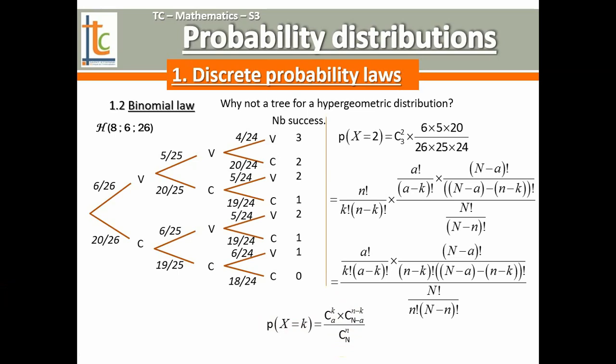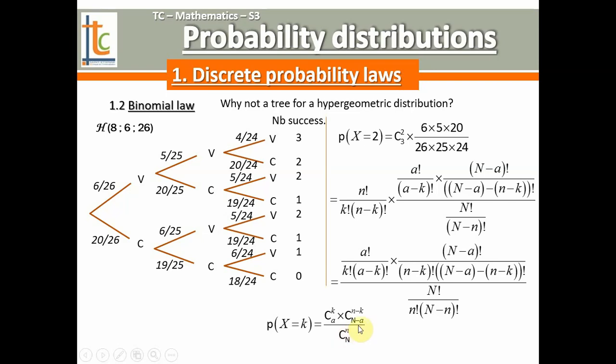This was a problem 2 or 3 centuries ago, of course, but it's still a problem today for our computers or calculators. If n, so the capital N, begins to be big, so if we talk about big populations and big samples in the population, the combination numbers will exceed the capacities of your computers or calculators.